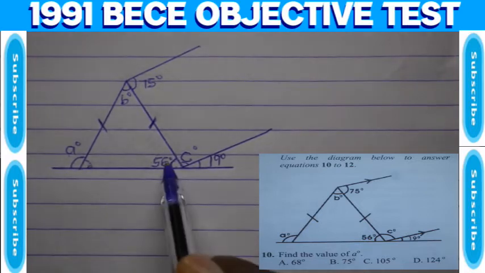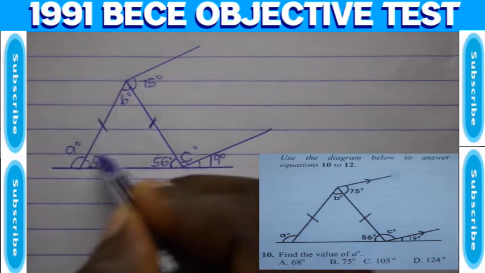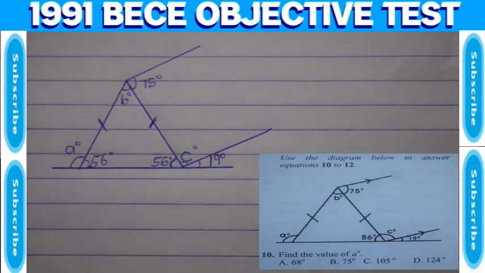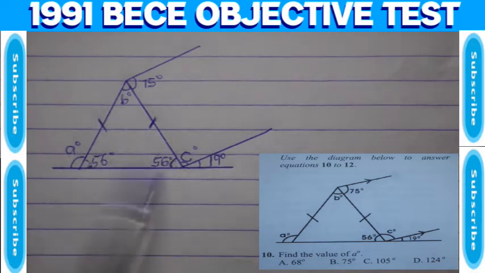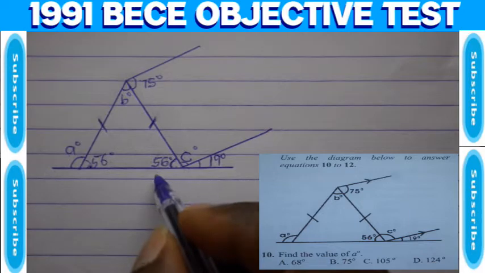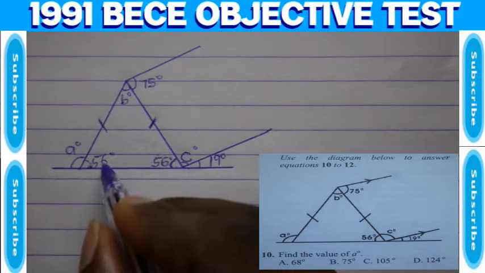So if here is 56 degrees, here will also be 56 degrees, because the base angles are the same. Once the lengths of these sides are the same, the base angles are also equal. So we write 56 here as well.